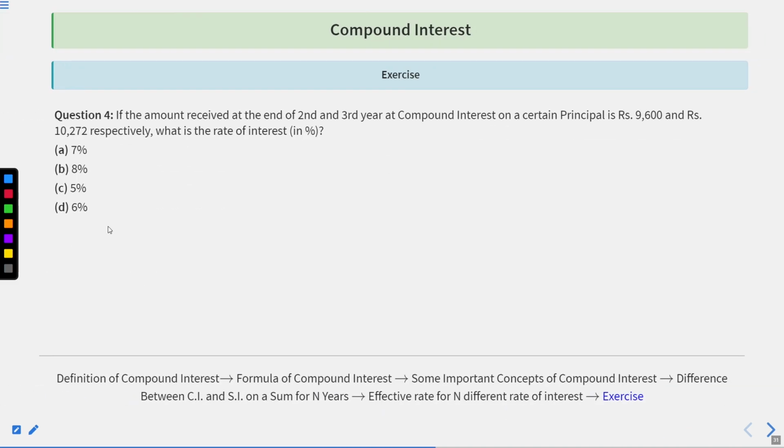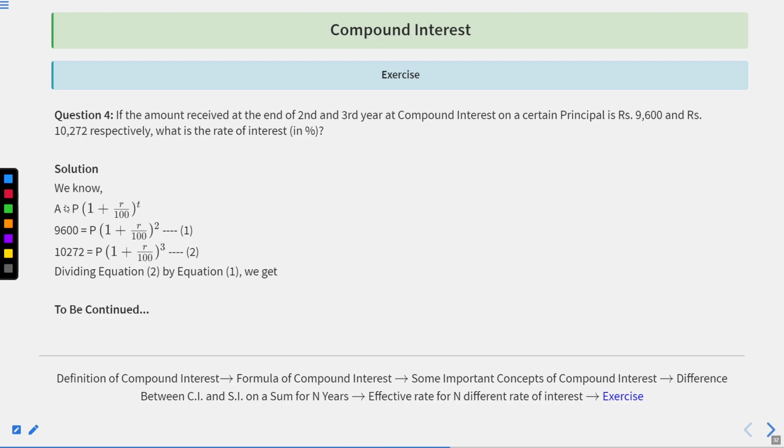Question number 4. If the amount received at the end of second and third year at compound interest on a certain principal is rupees 9,600 and rupees 10,272 respectively, what is the rate of interest?